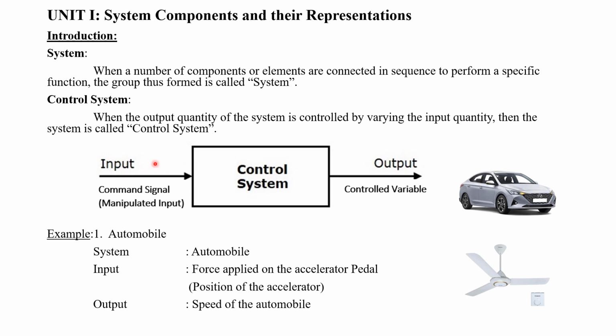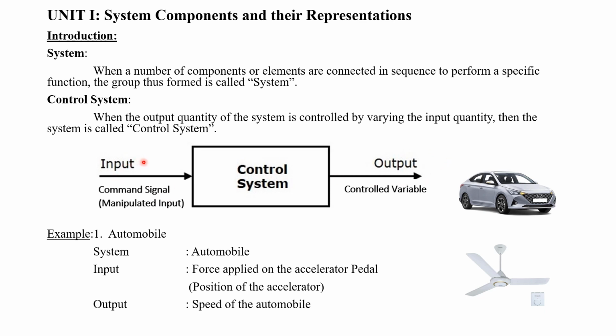Another name for this input quantity is command signal or manipulated input. You have to remember all these terms. Then the output quantity is also known as the controlled variable. So in a control system, we can vary the output quantity by varying the input quantity.